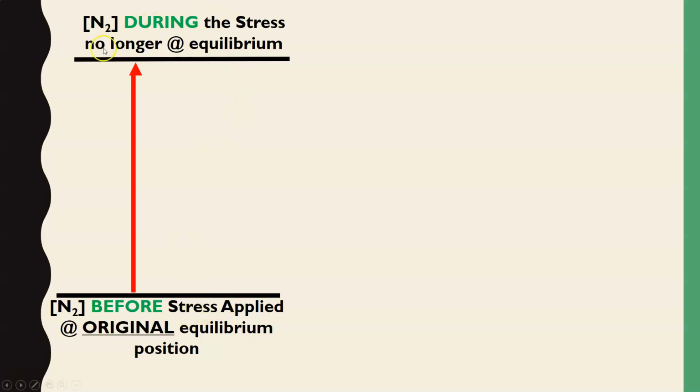So when I have stressed the reaction out, it's not at equilibrium anymore. I now have way more nitrogen than I started. So the reaction will proceed in whatever direction is necessary to use some of it up. So it's going to come back down, but it can't get all the way back down where it started.